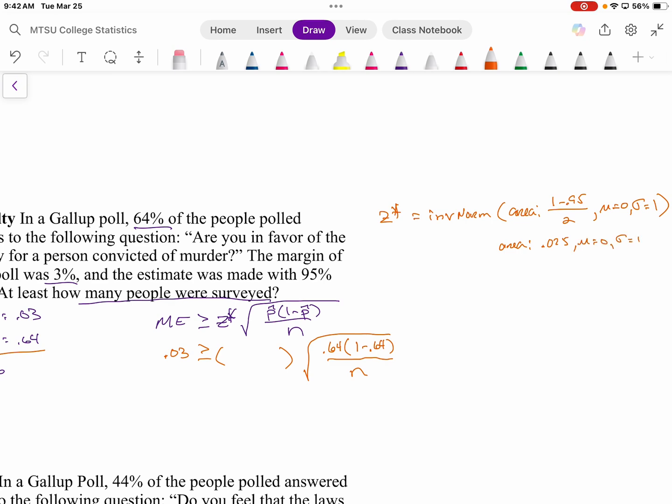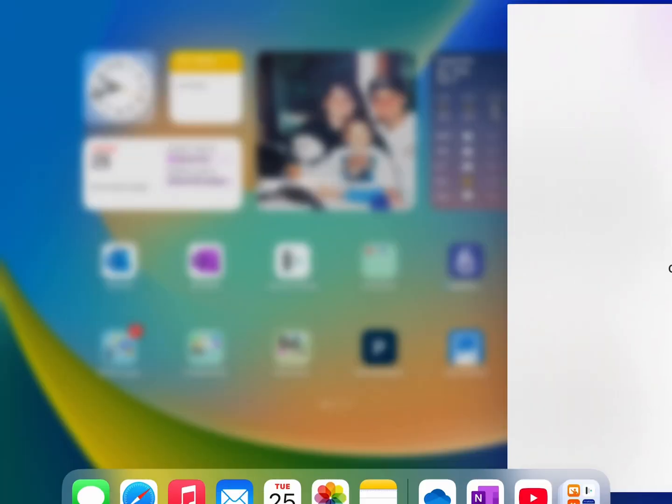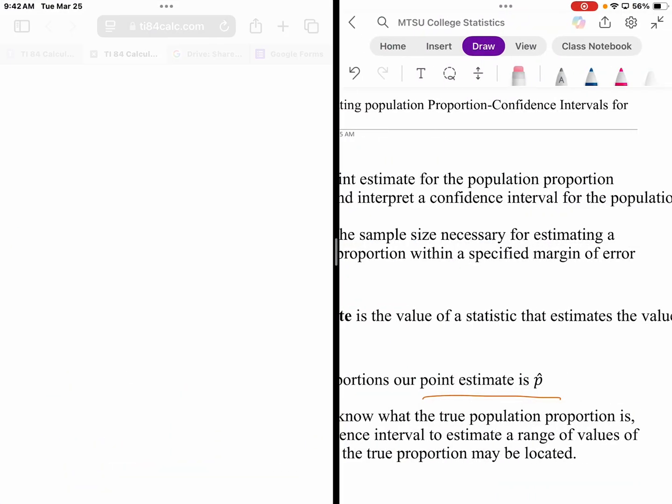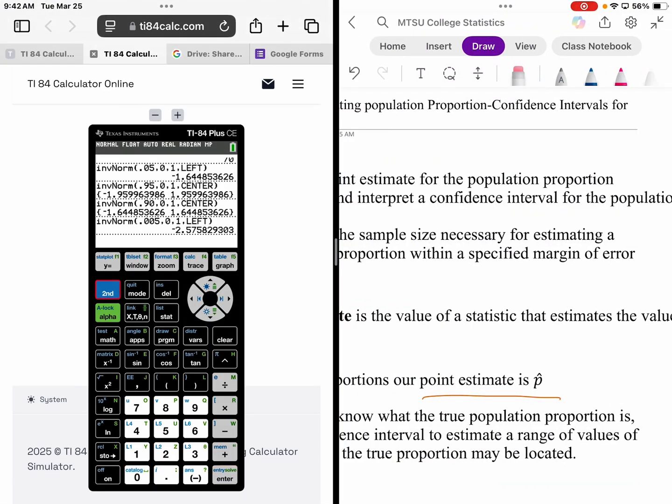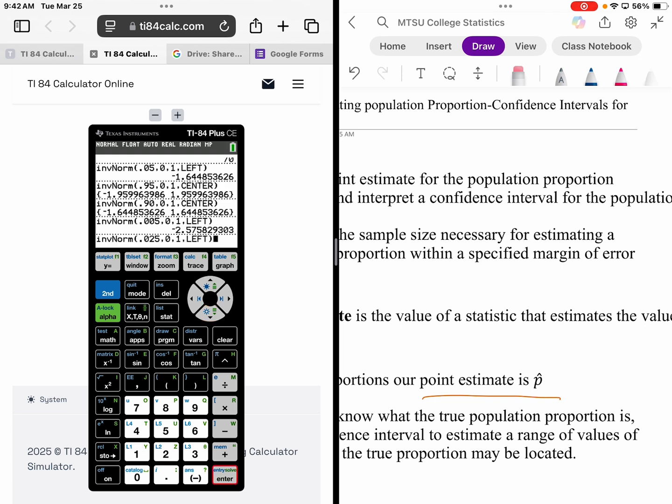And then now if we go to the calculator, we should be getting something around a 1.96. Sorry, my calculator is being quirky. So inverse norm, so second vars, inverse norm, 0.025 is my area, leave the rest alone. And I get 1.95996.